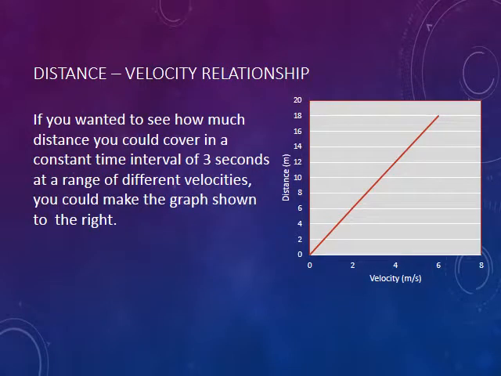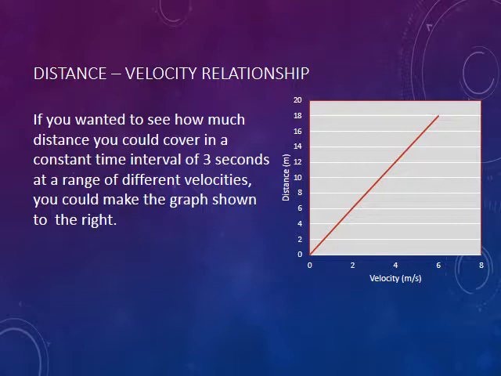The other variable relationship for distance is velocity. If we wanted to see how much distance you could cover in a constant time interval of 3 seconds at a range of 3 different velocities, you could make the graph to the right. So velocity is increasing and our distance is also increasing. And remember, the time that we travel is constant.